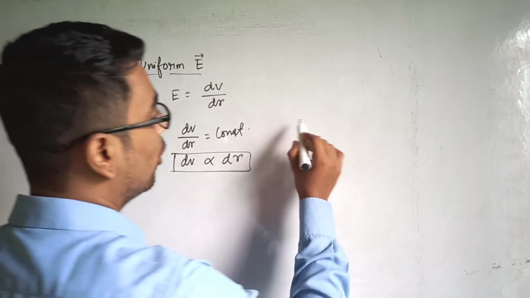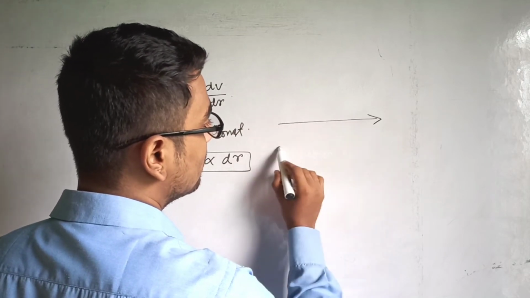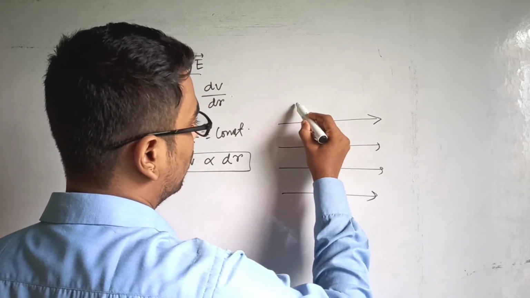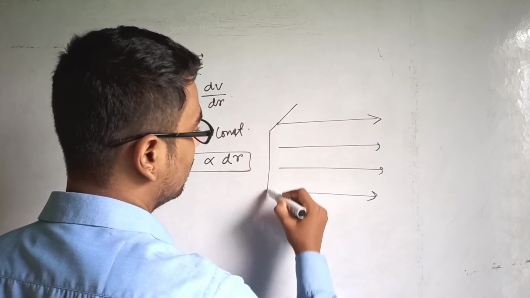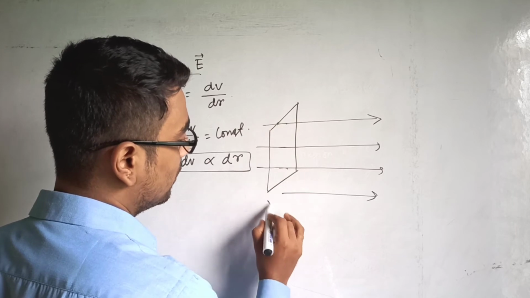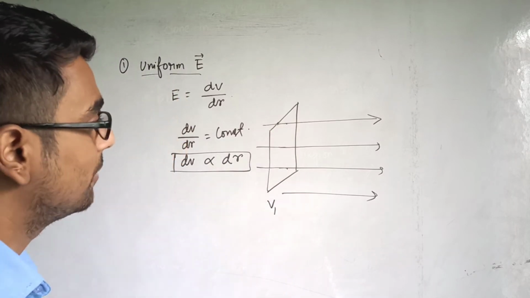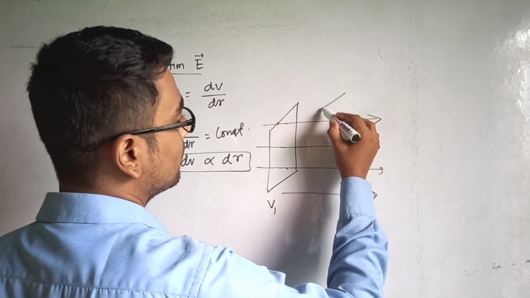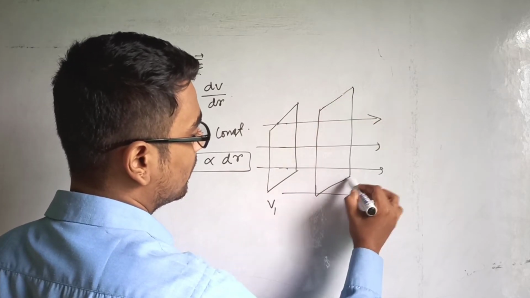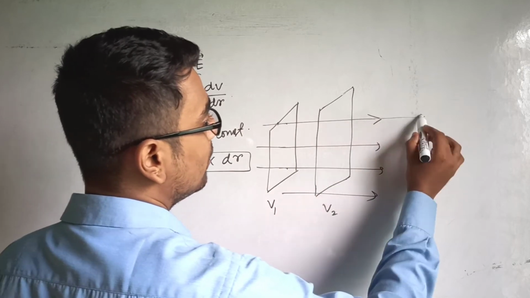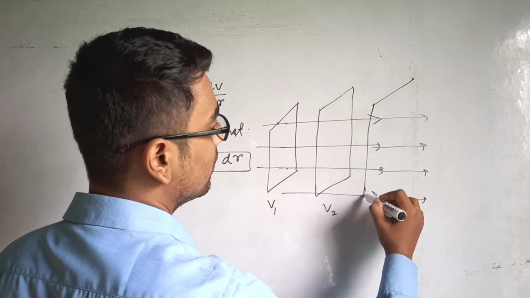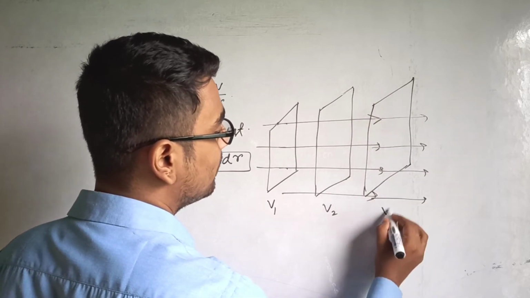That means if we draw electric field lines like this, uniform, we should draw the equipotential surface like this. Suppose this one is the potential V1 of the surface, and this one be V2, and if we further extend it, suppose V3.